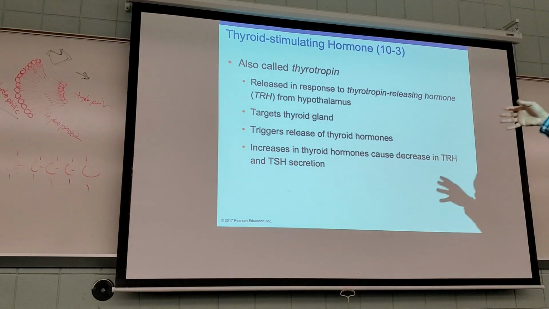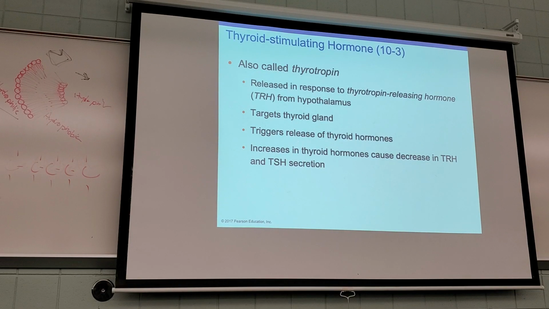The thyroid hormones are secreted once the thyroid stimulating hormone, releasing hormone from the hypothalamus, tells it to release. This targets the thyroid gland, triggers the release of thyroid hormones. What are they? T3, T4, and calcitonin. It's on your list there.